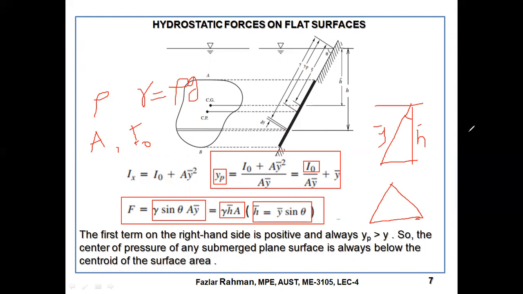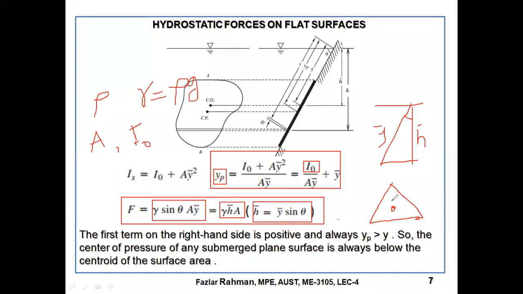At first, you need to figure out the Cg of this object. One thing you need to remember: for the Cg of the object, you have to take the vertical or inclined distance from the top surface of the water to the Cg.